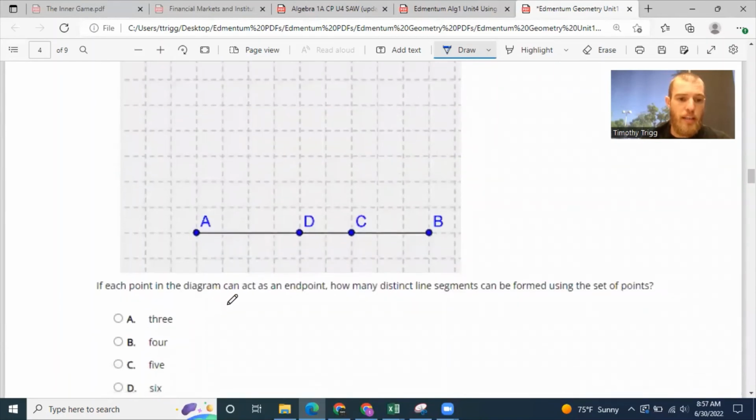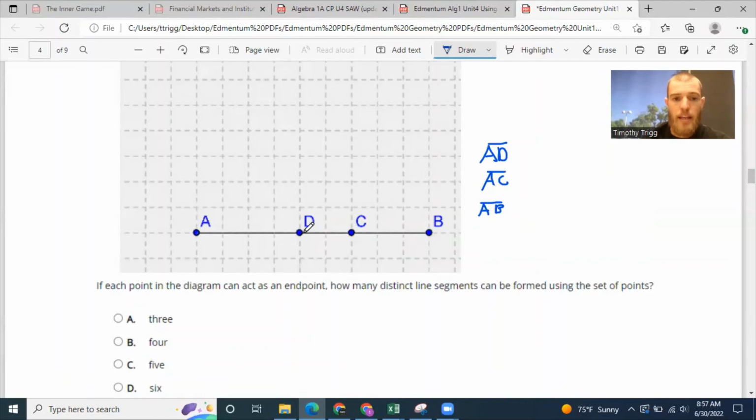Okay, this one's a little bit tricky. If each point in the diagram can act as an endpoint, how many distinct line segments can be formed using the set of points? Let's list them out. Starting from point A, we could say AD is a line segment. We could also say AC, that's a different line segment. And then AB, the whole thing.